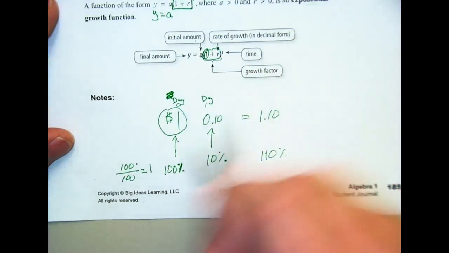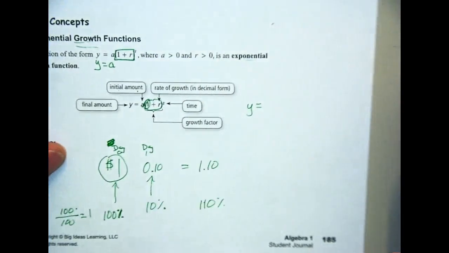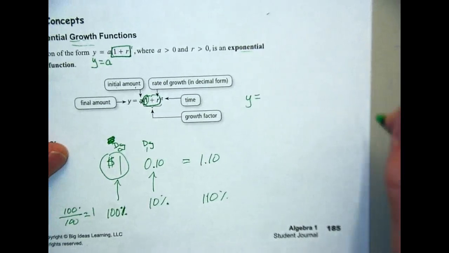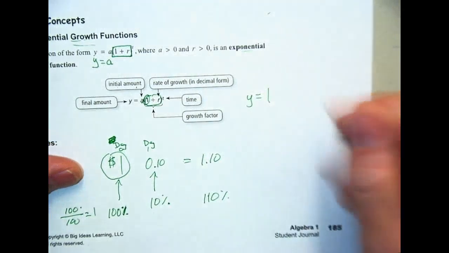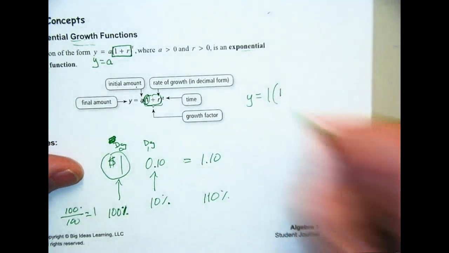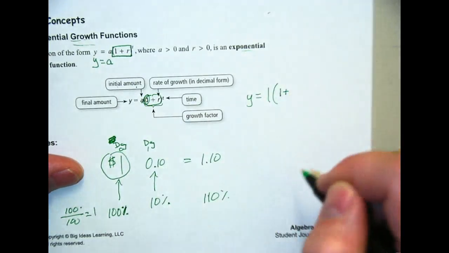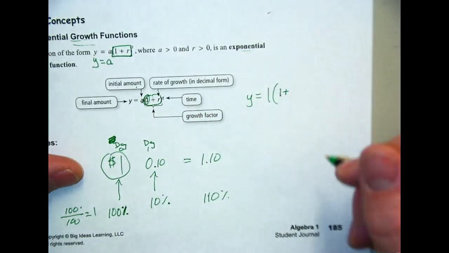So if I wrote an equation for this, I would say, well, my initial amount, what did I start with? $1. That's A. Okay, I get 100% of it back. That's that 1. Plus the rate you're getting back. What rate was I paying you?